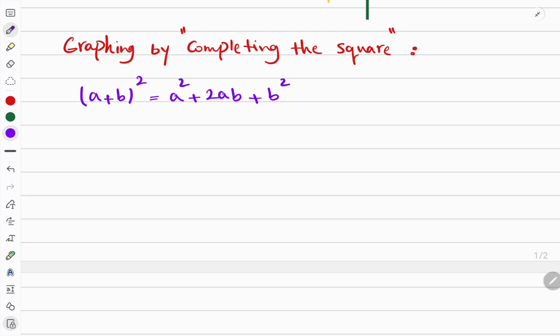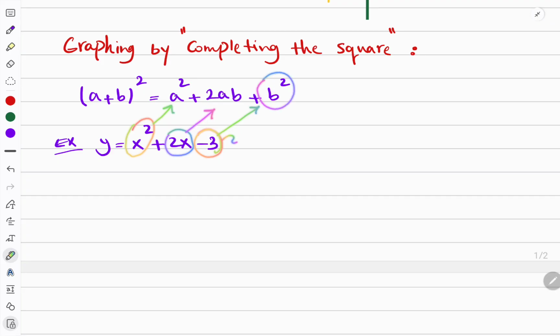For example, we have y equals x squared plus 2x minus 3. If we consider x squared as a squared and 2x as 2ab, negative 3 is not b squared because it's a negative number and b squared is a positive number.